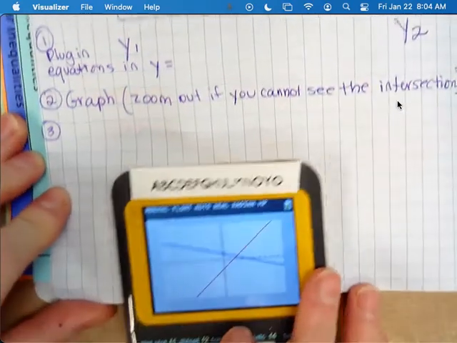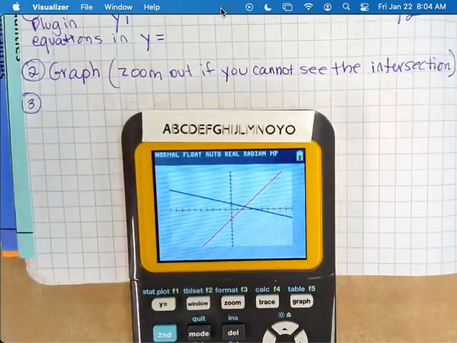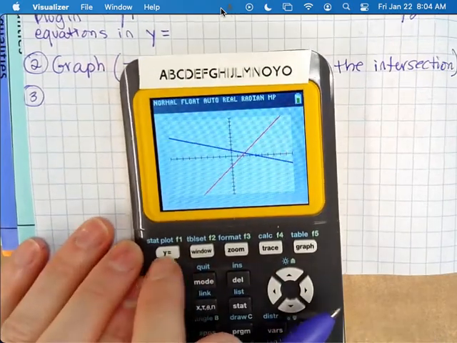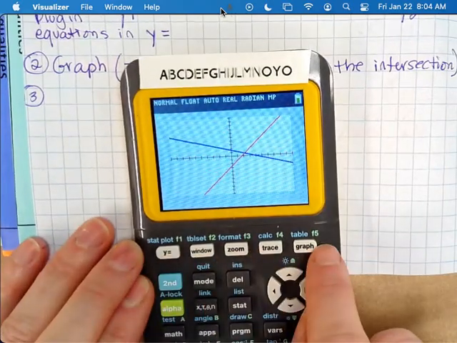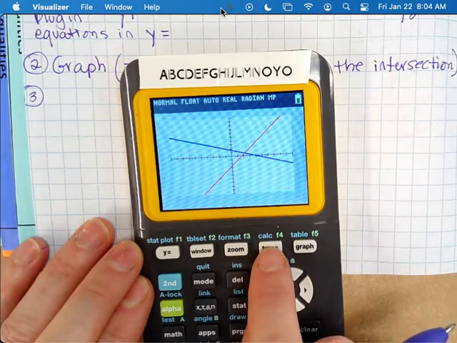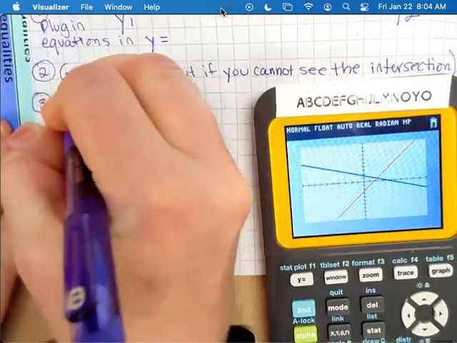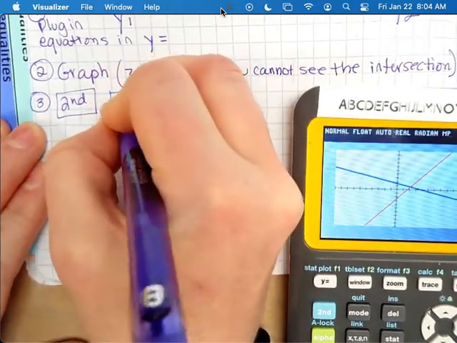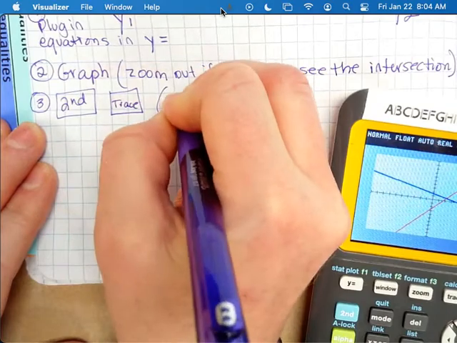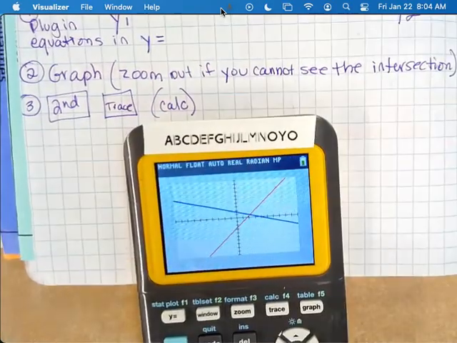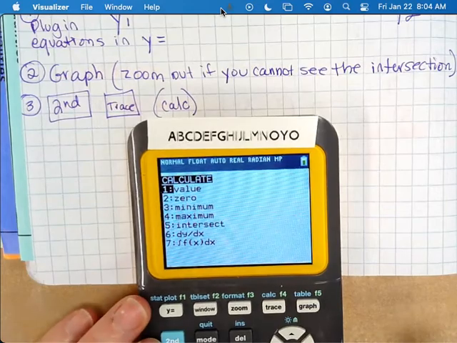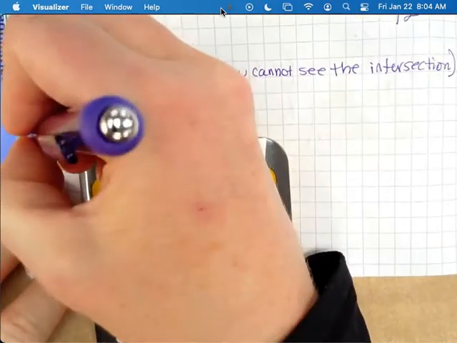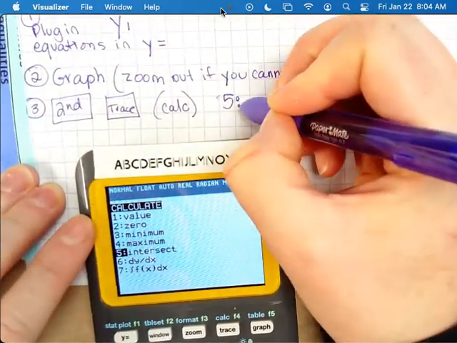Okay, so we are going to have the calculator graph the point of intersection by calculating it. So in our options, see we have all these options. We are going to calculate. So that second trace, which is the calculate button. You've probably used this before. Do y'all remember using this before? No? Okay. And then go to number 5, intersect.